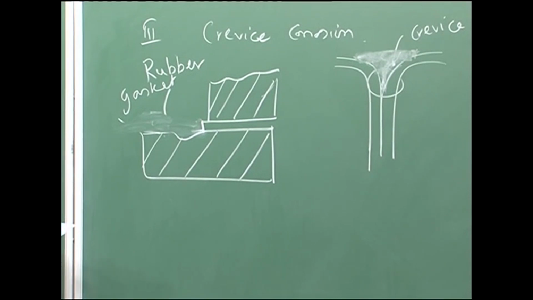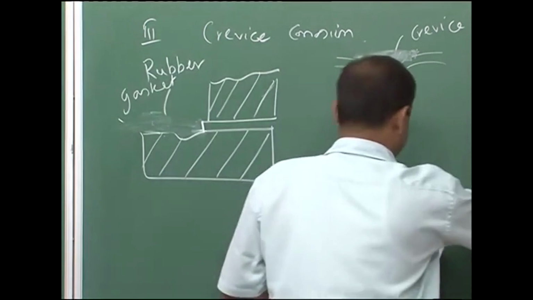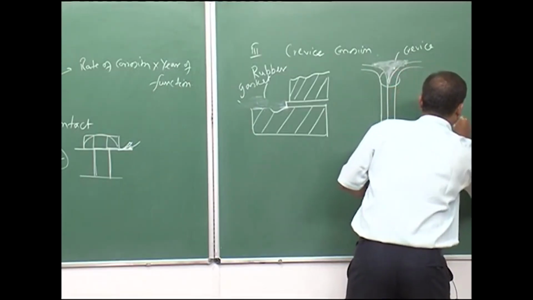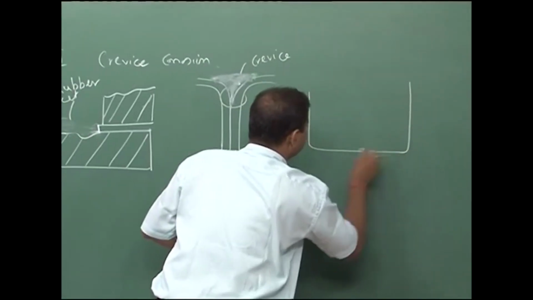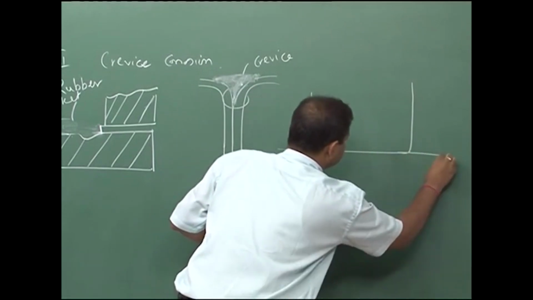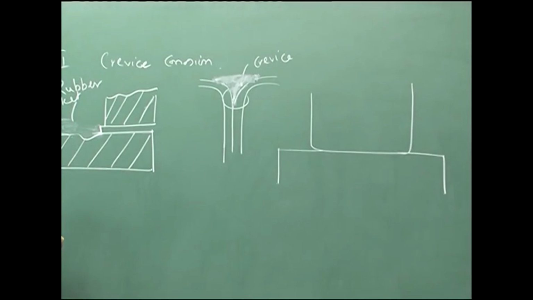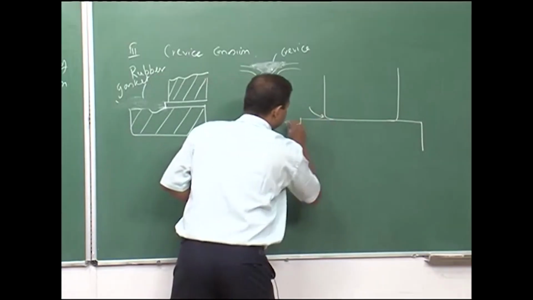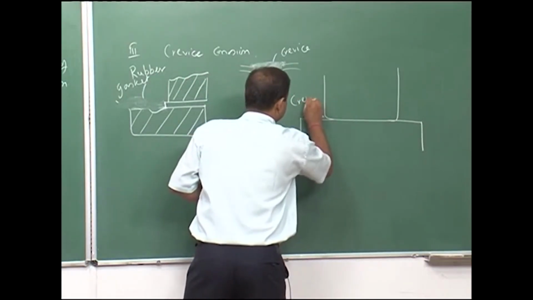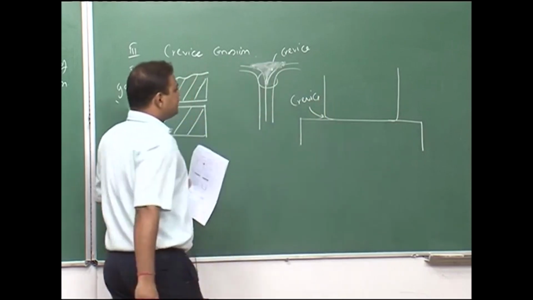Now, we can also have crevice related issues like this. If you have a metallic tank stationed on, let us say, a concrete base, this is also a crevice. Here also corrosion can happen.